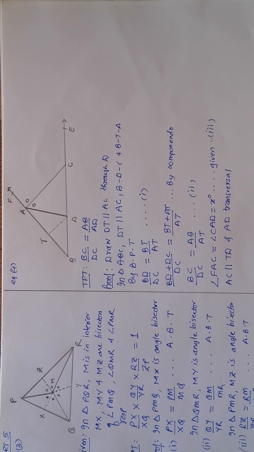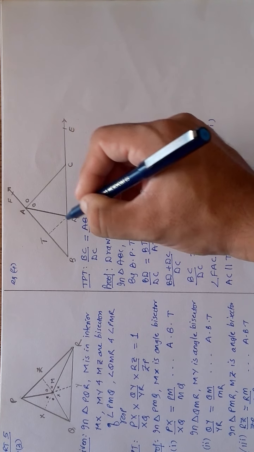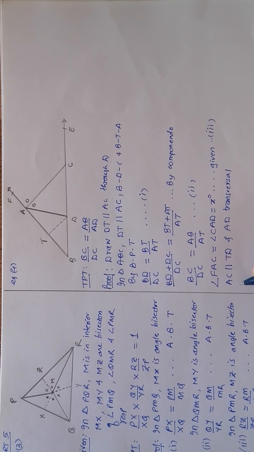Now if it is transversal, then angle CAD is equal to angle ADT, which are forming alternate angles, and lines being parallel, alternate angles are congruent. CAD already is known as x degree, so obviously this also comes as x degree. This is the converse of the alternate angles test.